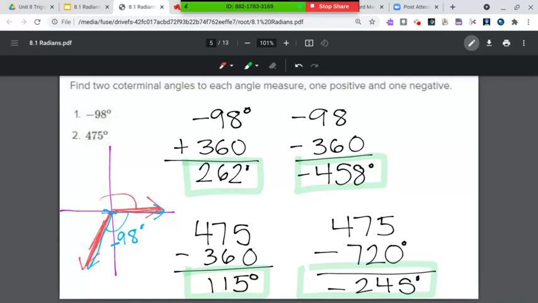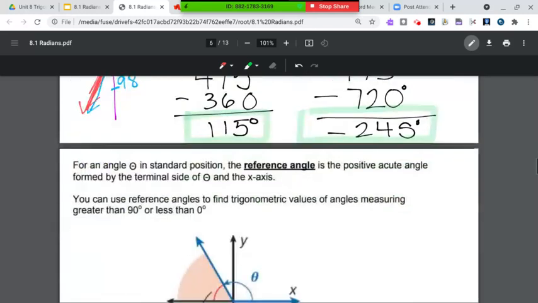So this way is positive 262 degrees because it's positive. And so I'm landing there, lying coterminal, negative 98 and 262. They would be the same angle. They would have the same terminal side. Okay? All right, let's keep rocking.